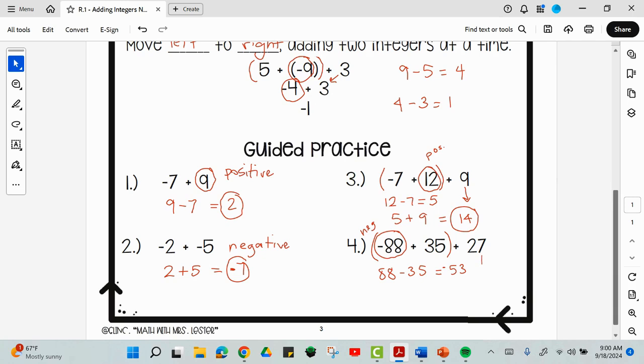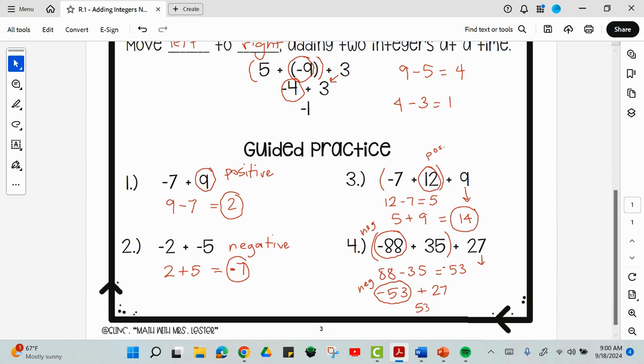And then this 27 is going to come down. So we have negative 53 plus 27. And in this case, negative 53 is bigger than 27. So my answer is going to be negative. And then I'm going to change this to subtraction.